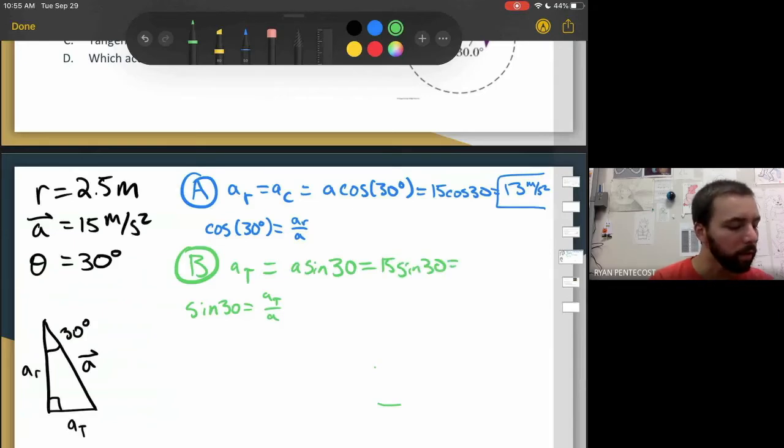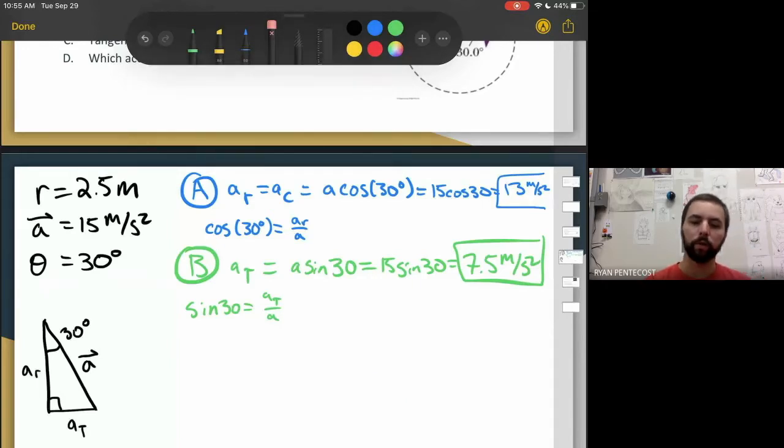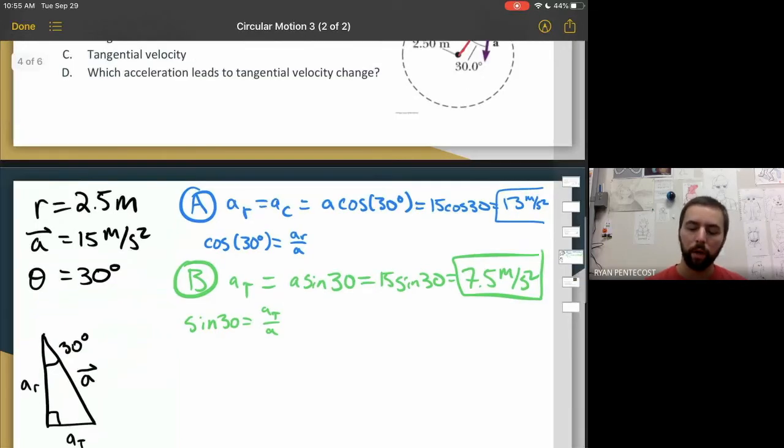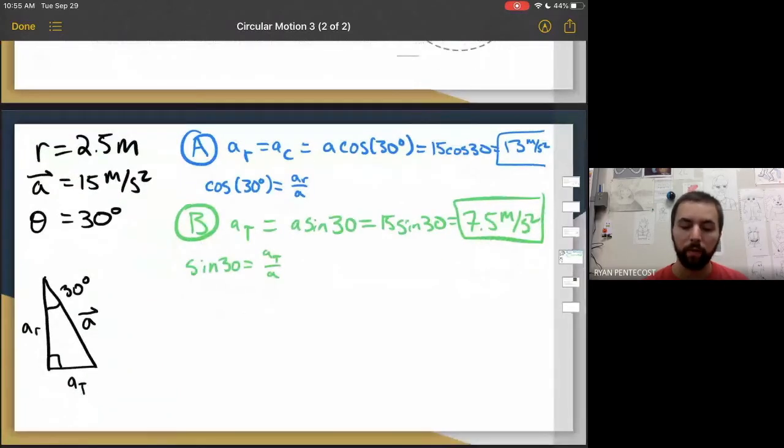What is 15 sine 30? 7.5. Sine 30 is 1/2, isn't it? There we go. So we have our acceleration in the radial direction and our acceleration in the tangent direction. It looks like radial is pulling stronger, but we do still have tangential acceleration.